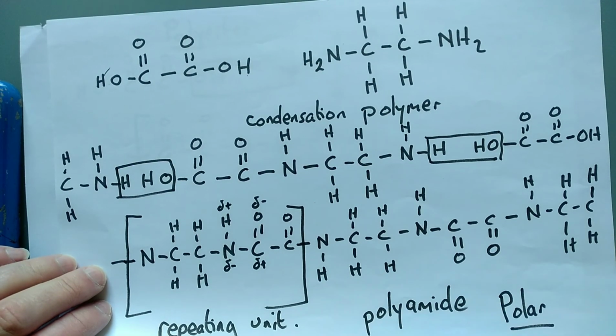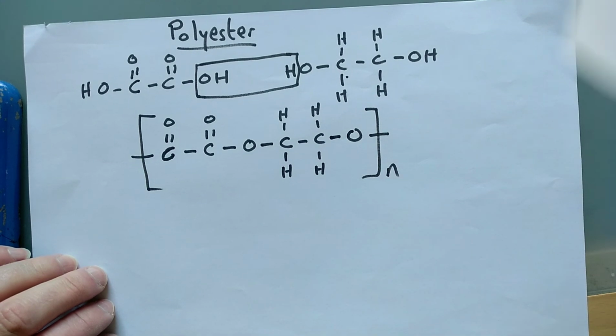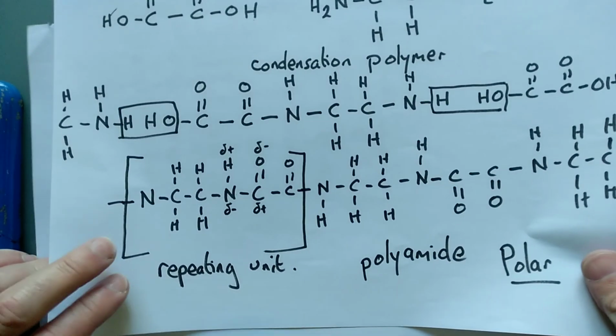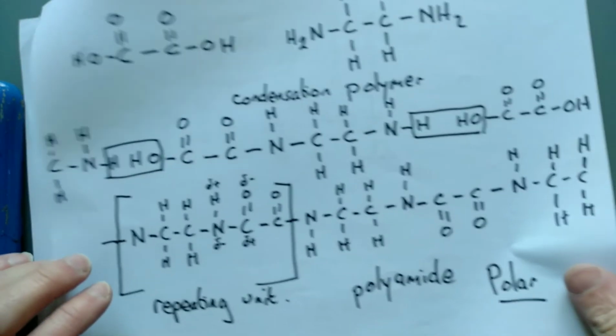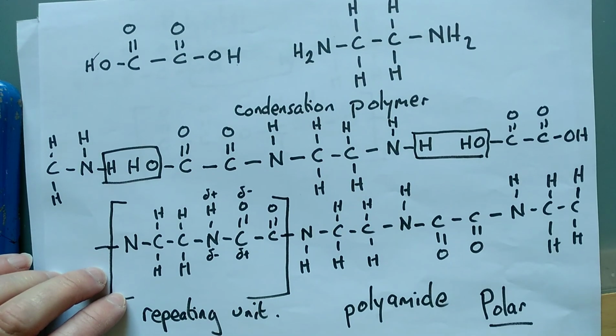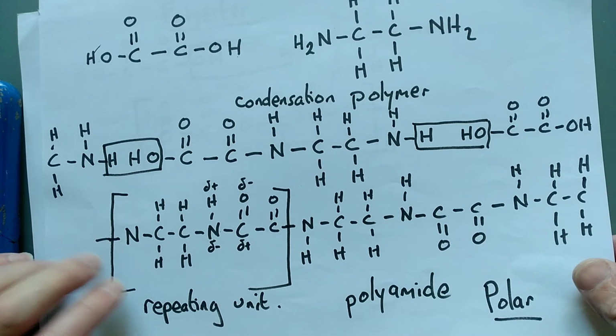So that works for a polyamide and a polyester. And remember, like I say, there's the idea about the repeating unit. It's very similar for here and for here. And remember that these two, because they have polar bonds in them, they are now biodegradable, and that's what we use them for.